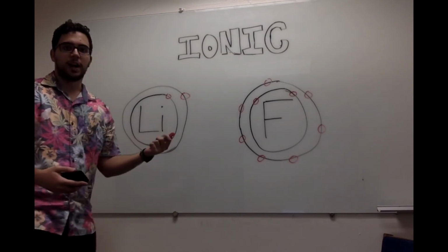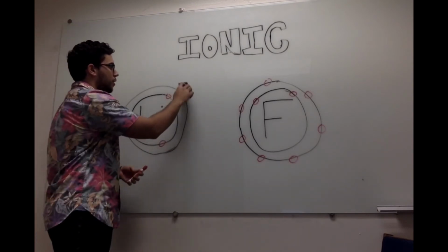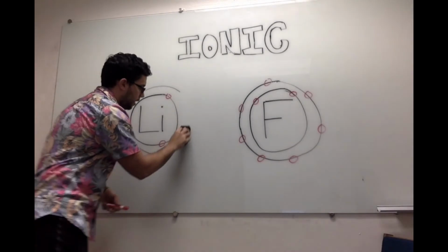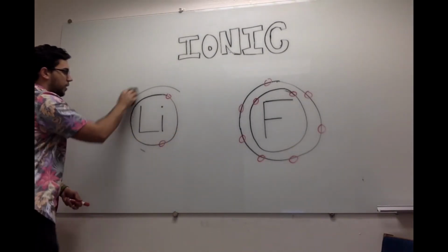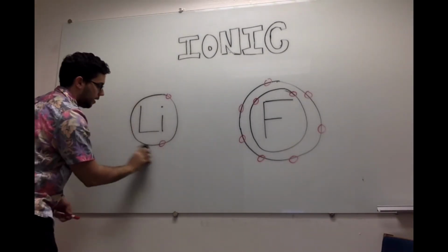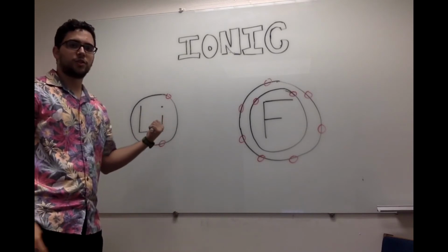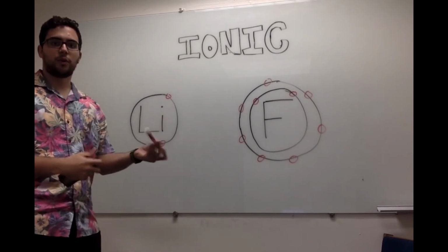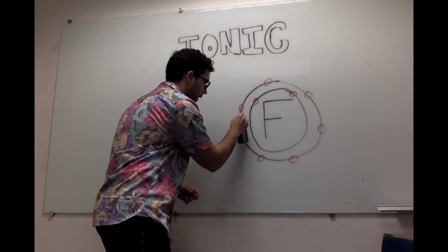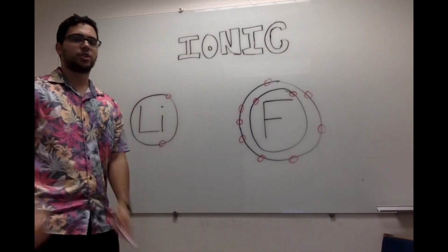Now, in an ionic bond, lithium here would give away its outer electron, and it would stay with its 2 with a complete shell. And fluorine would accept the electron, and it will have a complete shell of 8.